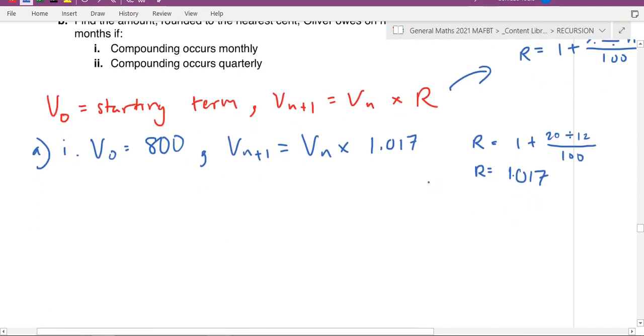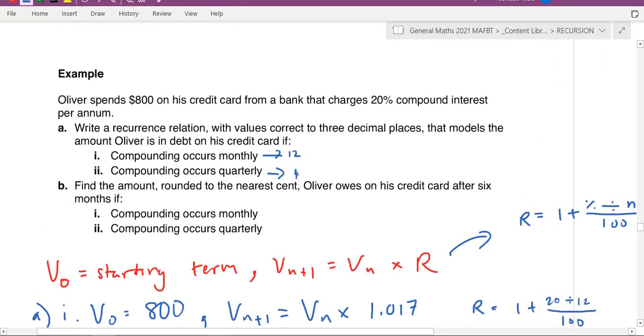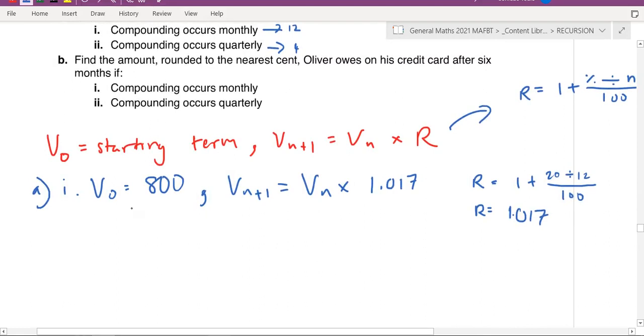Nice and easy. Then if we were to do it for part 2, where it says it's compounding quarterly, it's going to be the same V0, so V0 doesn't change. It's still 800, except now the compounding interest is different.